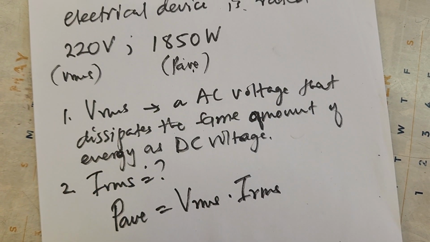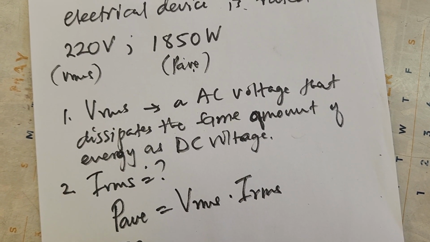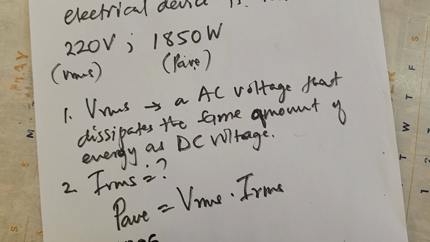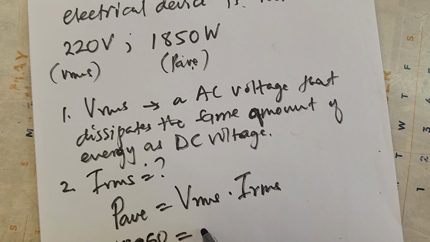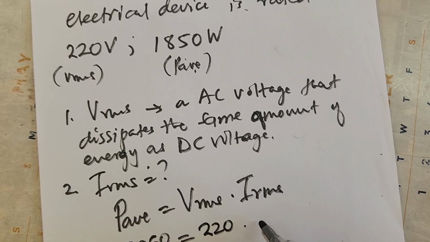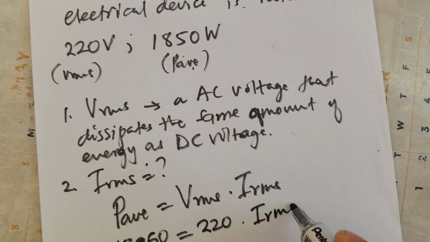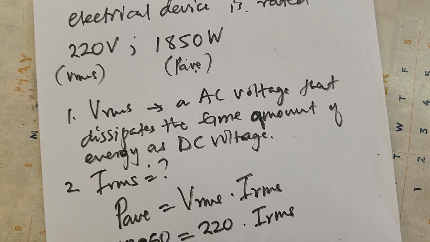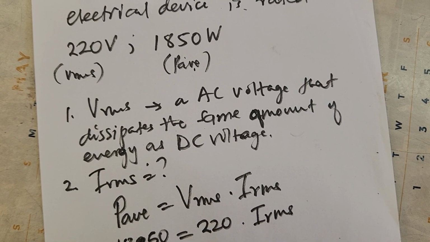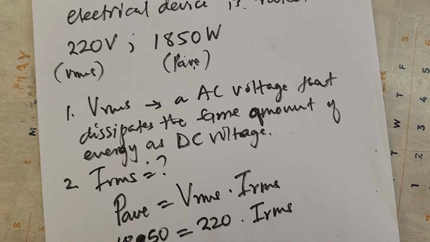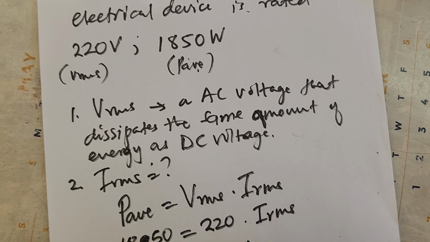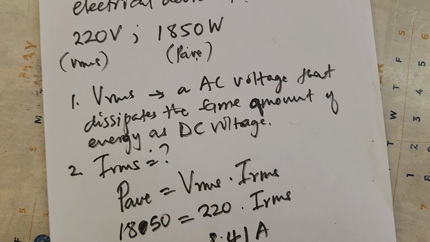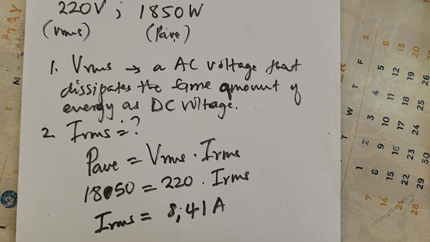Average power given is 1850, and the root mean square voltage is 220. Using your calculator, you will find that the root mean square current equals 8.41 amperes. You can verify that with your calculator.